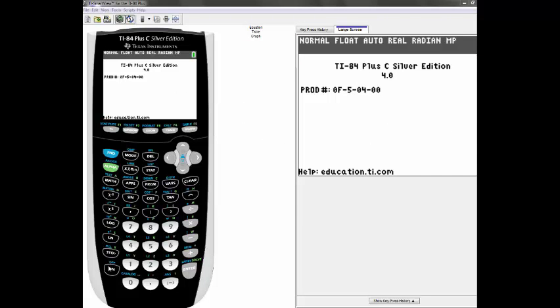Alright, here's our graphing calculator. So I'm going to be using TI-84 Plus C Silver Edition.